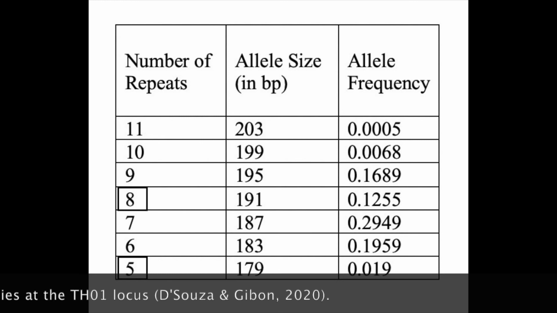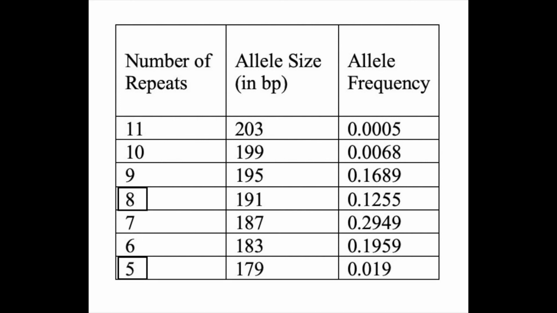Since the individual is known to be heterozygous at this particular locus, and the number of repeats is known for each chromosome, the allele frequency can be simply looked up for the number of repeats seen on each chromosome, and from there RMP can be calculated.